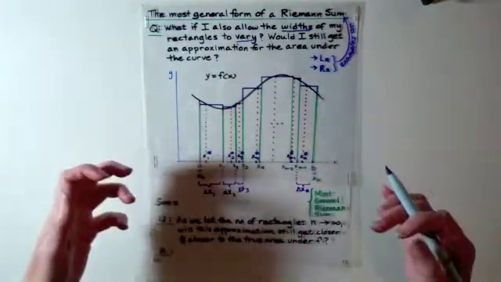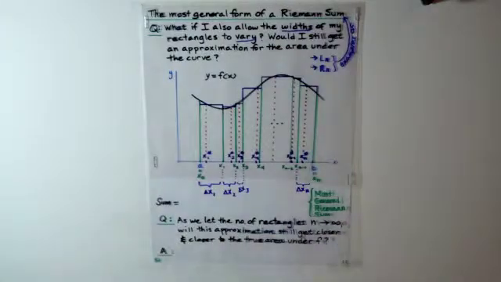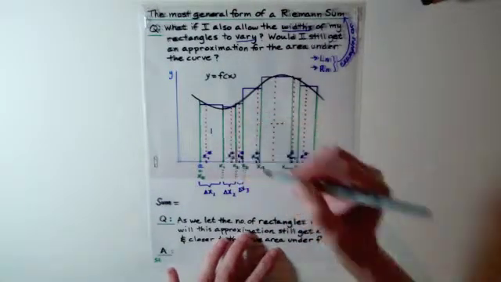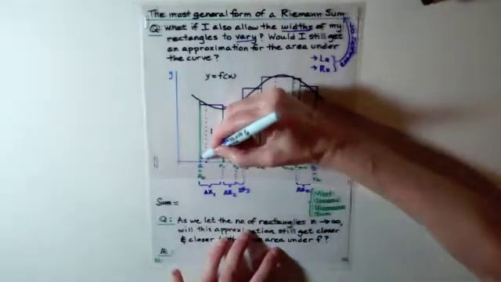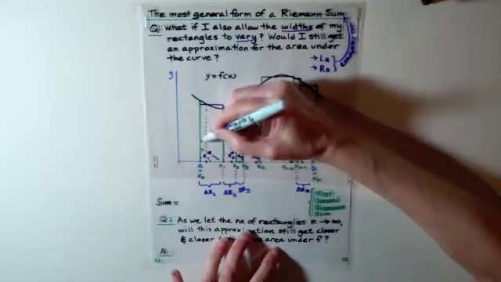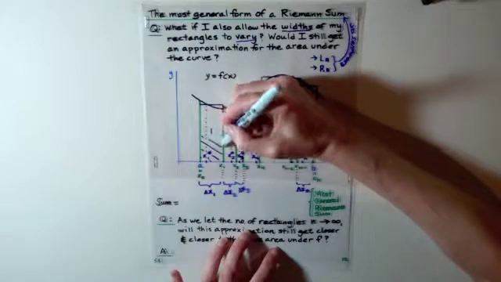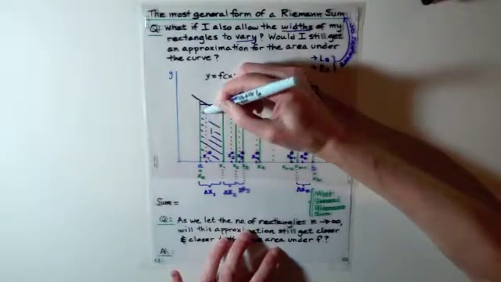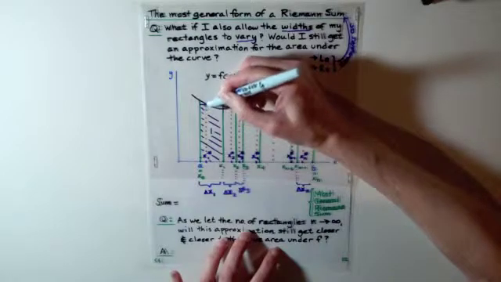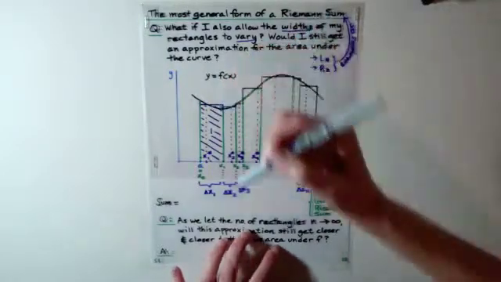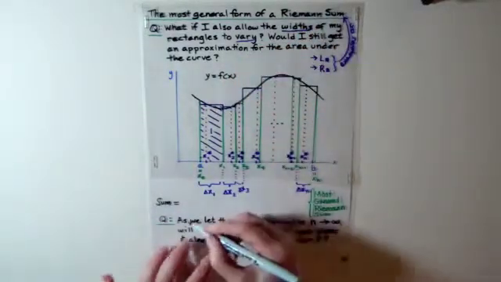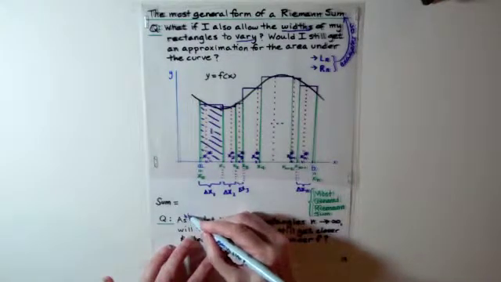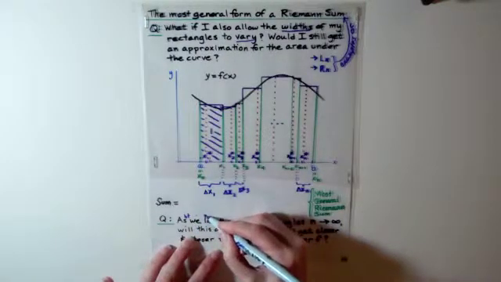Well, let's go ahead and see if we can write down what the areas of those rectangles are. So let's start with the first rectangle right here, and let's shade that in so we can see what we're doing. If I want the area of this first approximating rectangle, as usual, I need its height times its width.